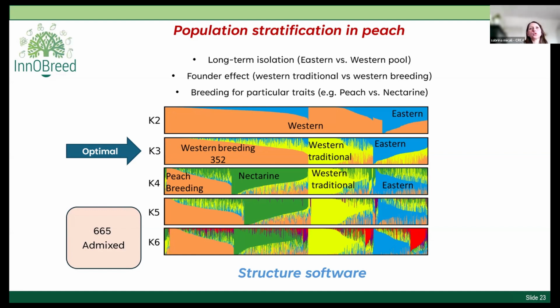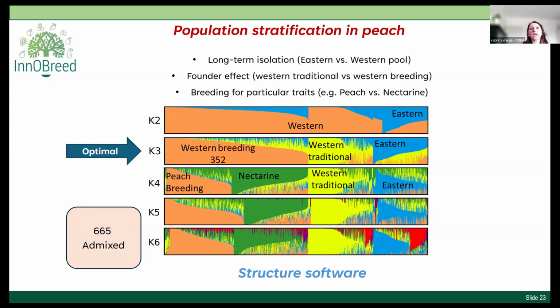The operator can superimpose the number of clusters or subgroups that can be detected and see the result. You see here that with K2, from the first round, we had the first division between the Western and Eastern accessions that originated from the long-term isolation in the evolutionary history of peach.